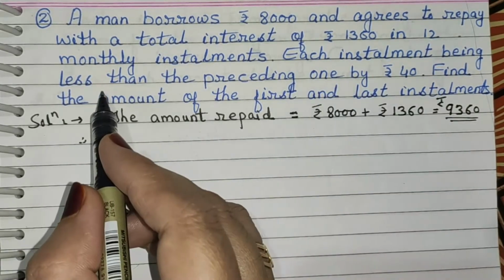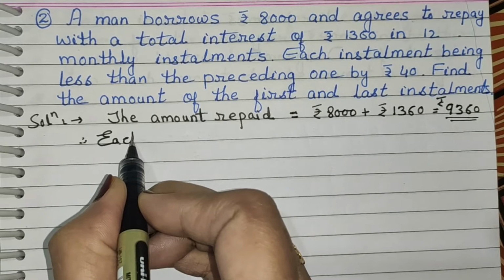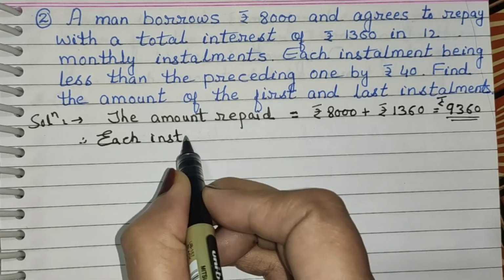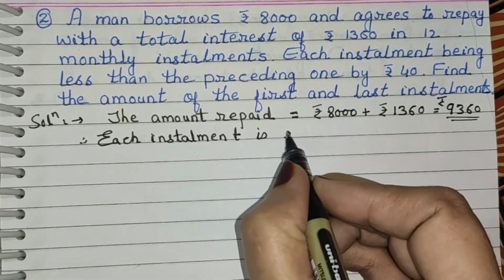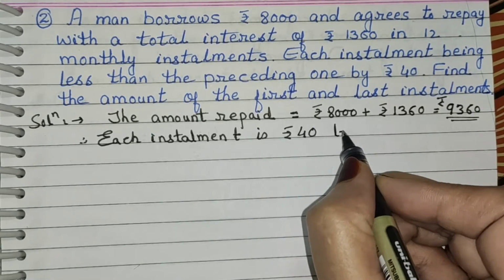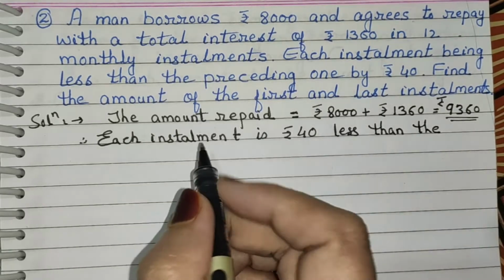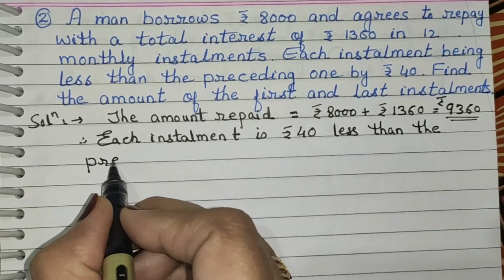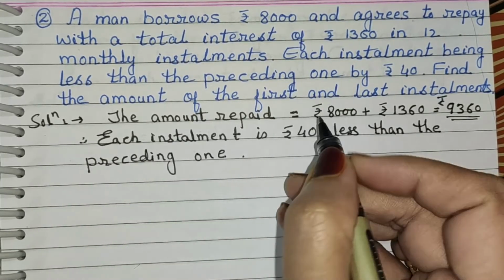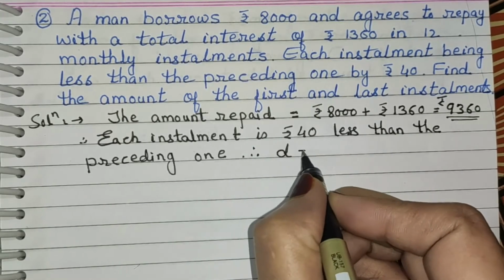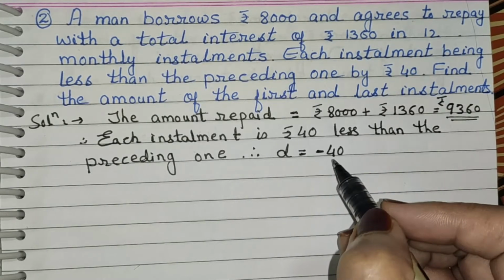Each installment being less than the preceding one by rupees 40. Write down, each installment is rupees 40 less than the preceding one. Therefore, it is the value of d, which is equal to minus 40, because it is less than.